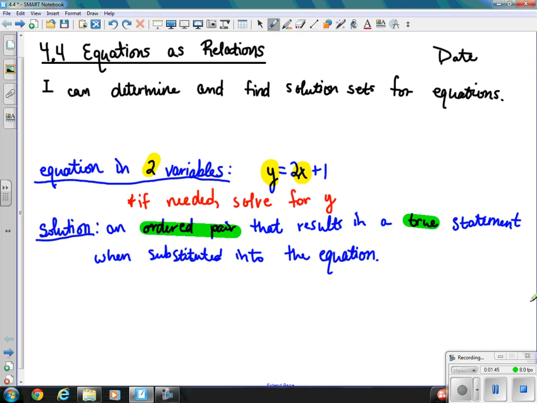Okay, now that we have our two vocabulary words, let's see how they apply to an example. So we have example 1.